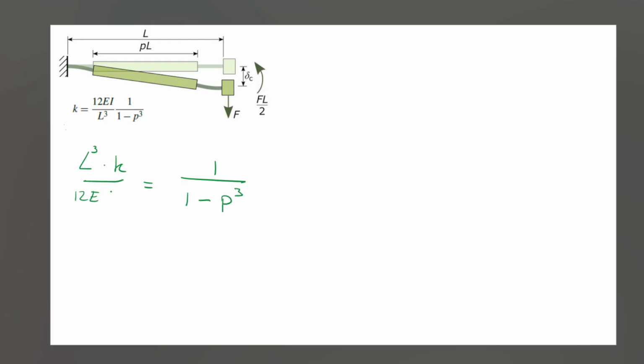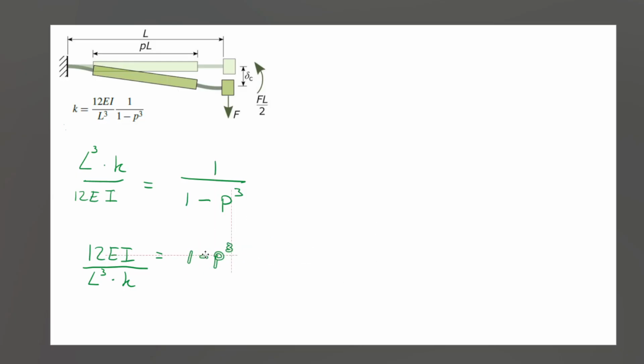I do the cross multiplication again, so that times that is that times that. So 12 EI is L to the third times K and times this term, so it's basically 1 minus P to the third. We want to have the P to the third, so we divide this over L to the third times K, so I can take this away, and then also those brackets get lost.